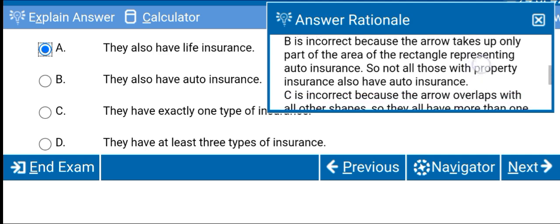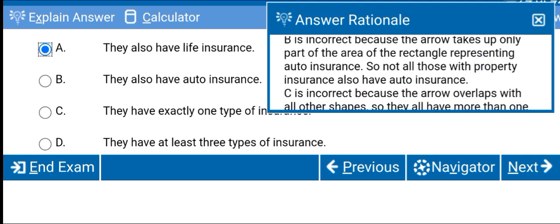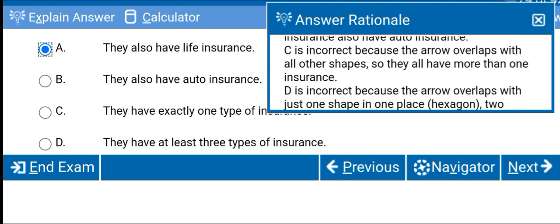B is incorrect because the arrow takes up only part of the area of the rectangle representing auto insurance, so not all those with property insurance also have auto insurance. C is incorrect because the arrow overlaps with all other shapes, so they all have more than one insurance.